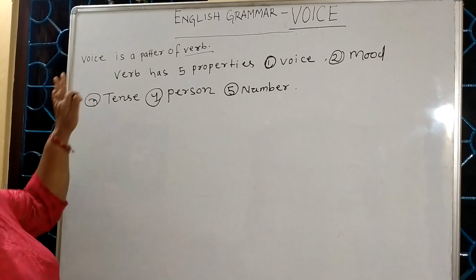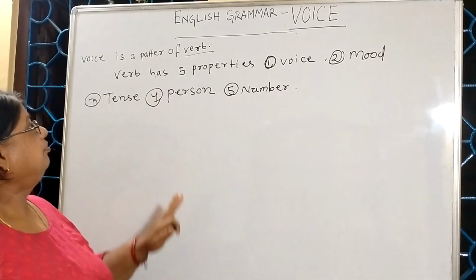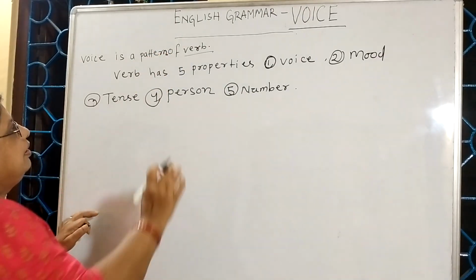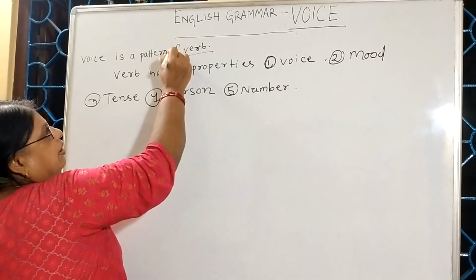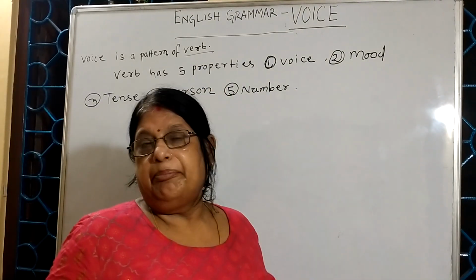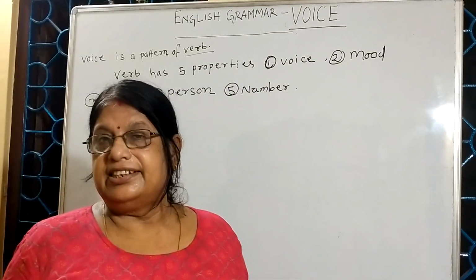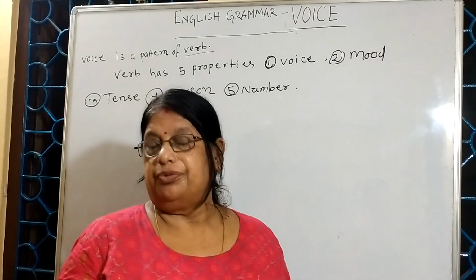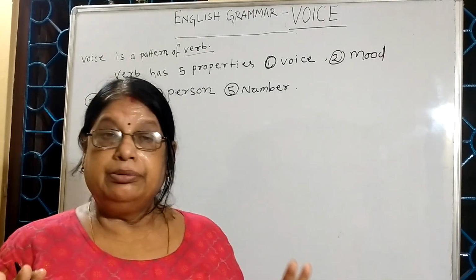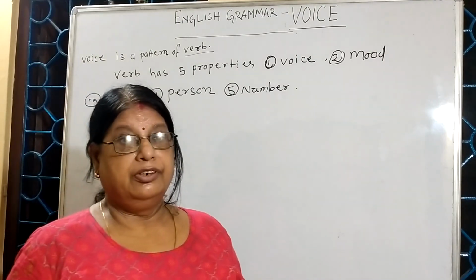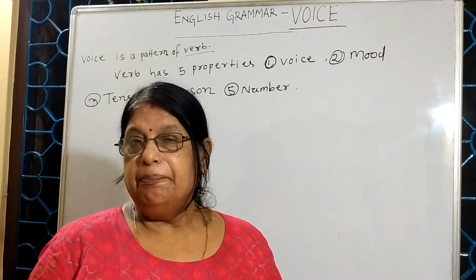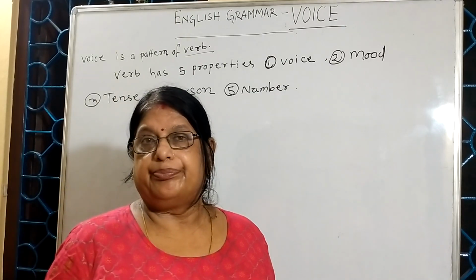So, voice is a pattern. In English grammar, voice is a pattern of verb. That means that a verb in English grammar has 5 properties, 5 elements.